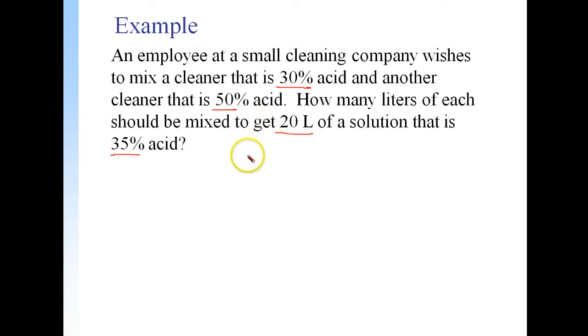So again, we can use X and Y, by the way. X will be our 30%. Y will be our 50%. And the amount of 30% plus the amount of 50% will be 20 liters. There's our first equation. Very similar to what we've done before.